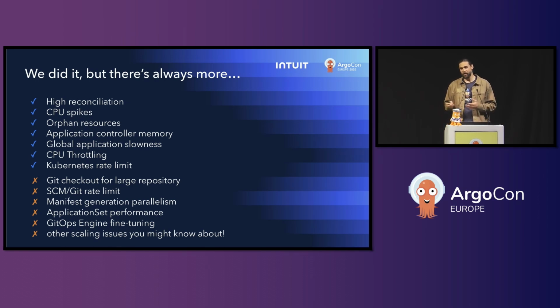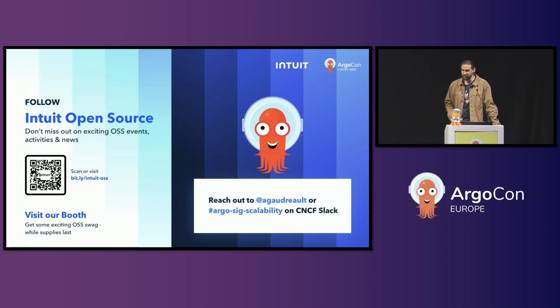So you always have bottlenecks in your system, and you need to address them. Now, I'm sure some of you have learned about new settings here that you're not using, and you're excited to configure them.